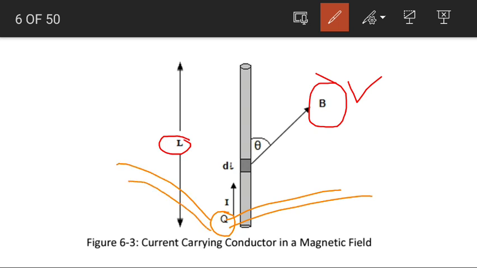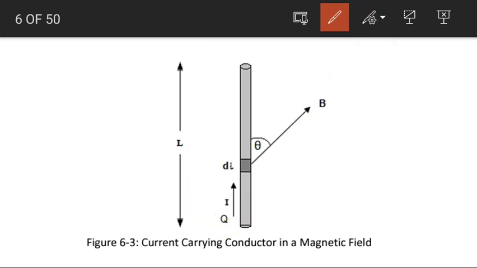in this current carrying conductor, is Q. So the total free charge which is in motion in this conductor is Q coulomb, and the current in this conductor is due to the motion of the free charge. Anyhow, we consider a very small portion of this current carrying conductor, which is represented by dl.